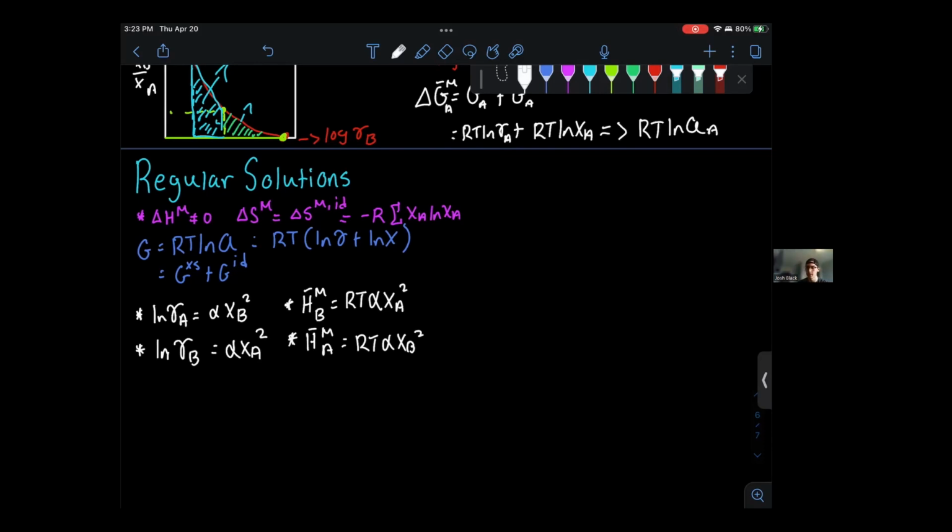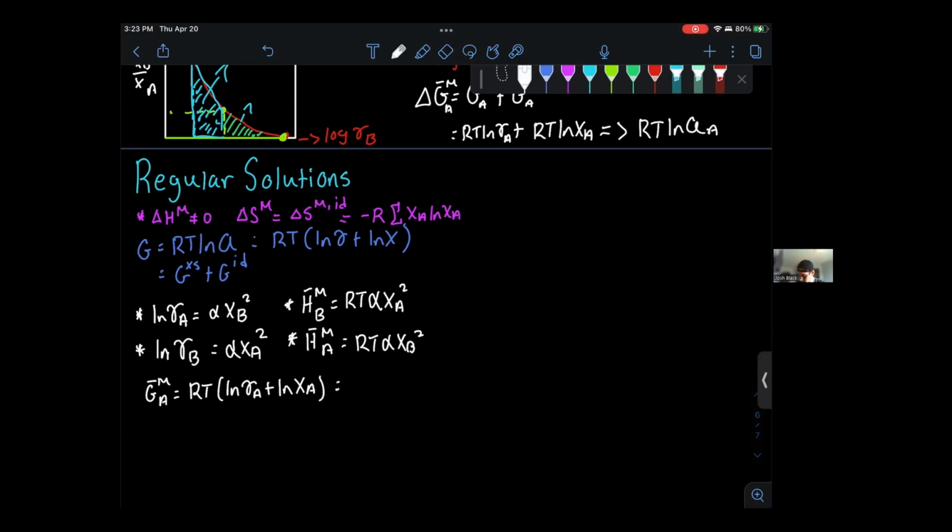Now, let's find the molar Gibbs free energy of A. We know that's equal to RT, we'll put in RT first, ln gamma A plus ln XA.